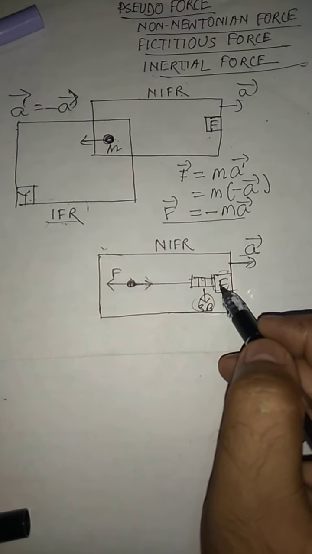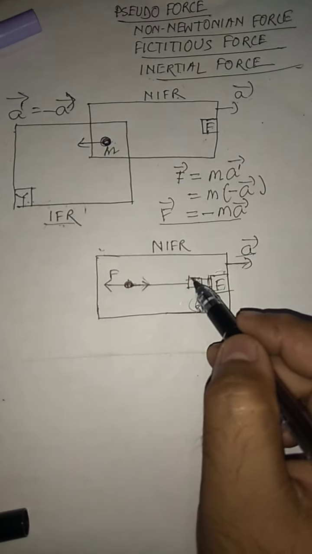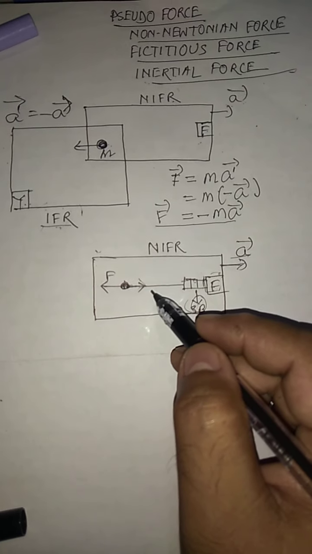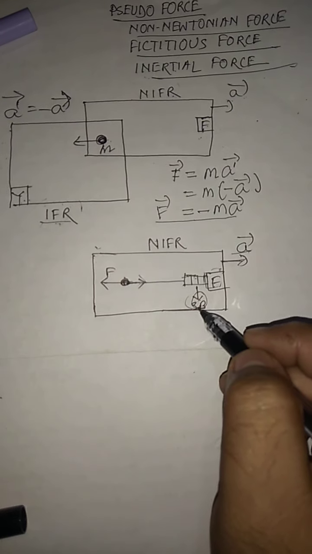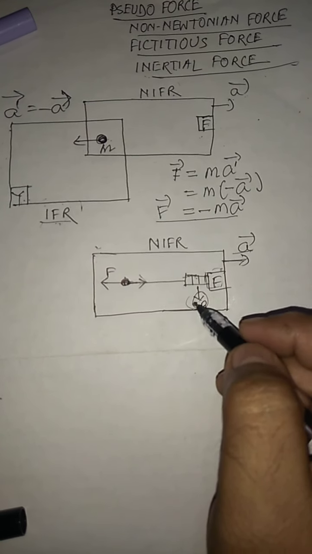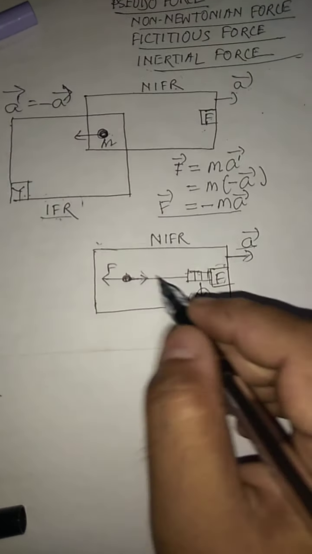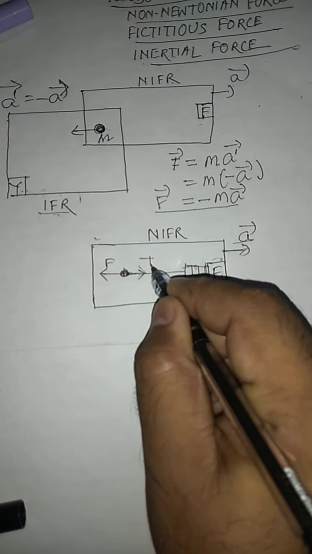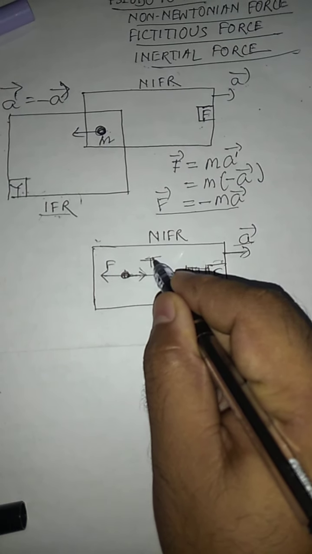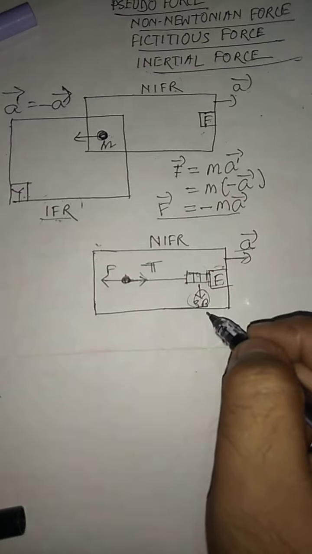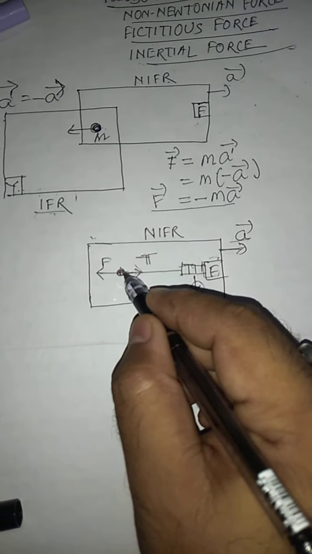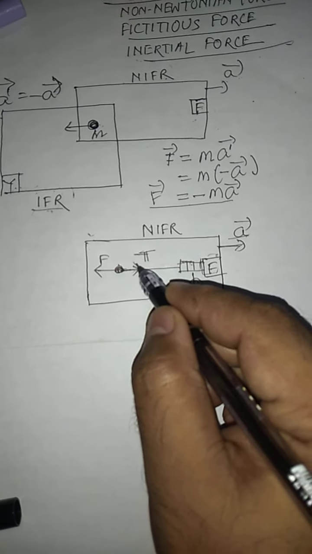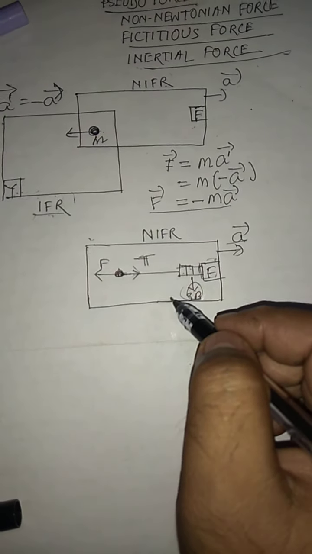Then he observes that the string becomes taut and there is a reading in the spring balance indicating that there is a tension T in the string. He gets surprised to see that there is a force exerted on this object in the form of the tension in the string.